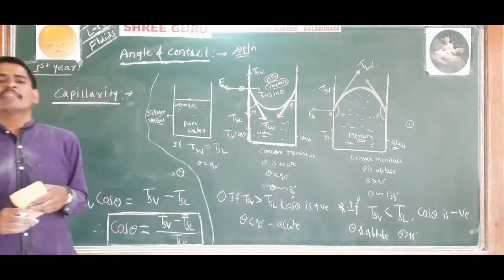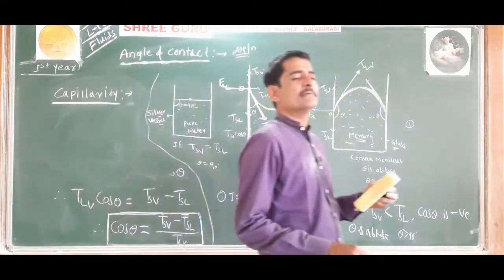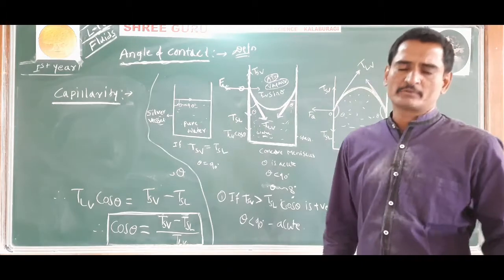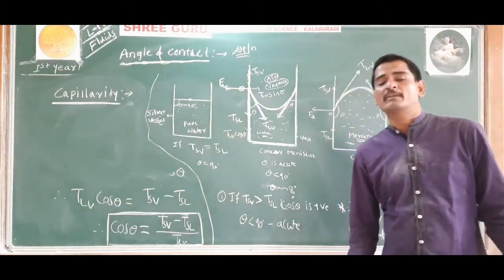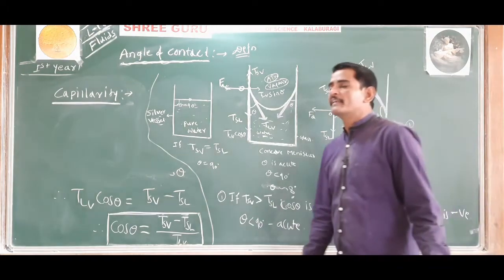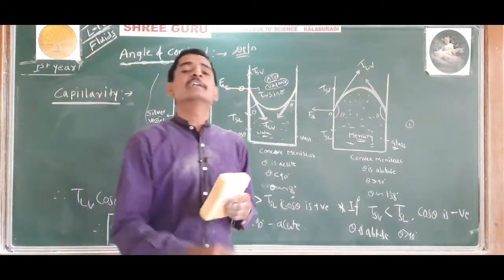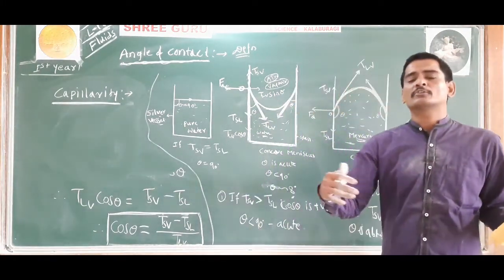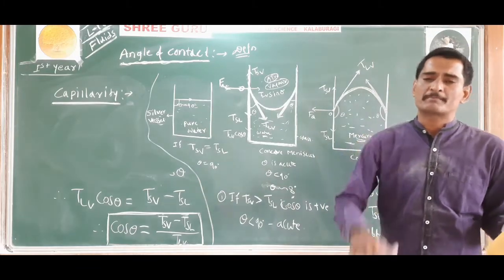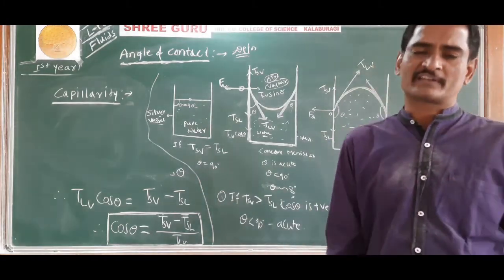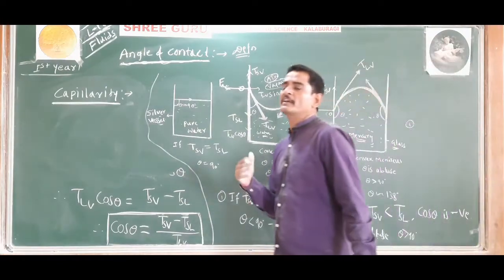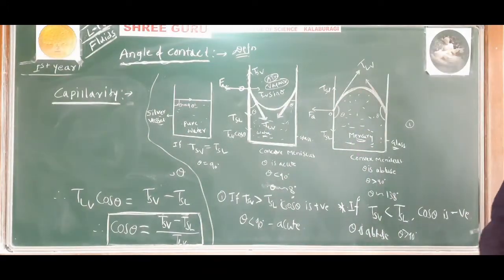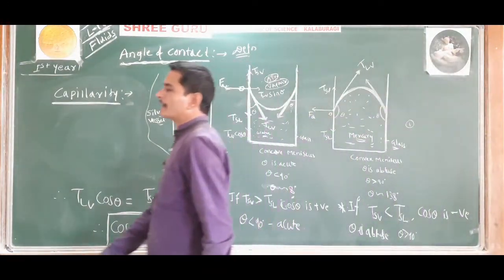When the capillary tube is immersed in a liquid which does not wet the glass surface, the liquid level inside the capillary tube is depressed compared to the surroundings. If the liquid wets the glass surface, the level rises, and the rise and fall of the liquid inside the capillary tube is called capillarity.